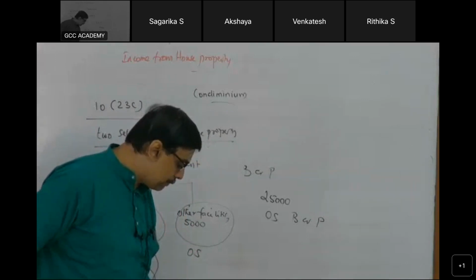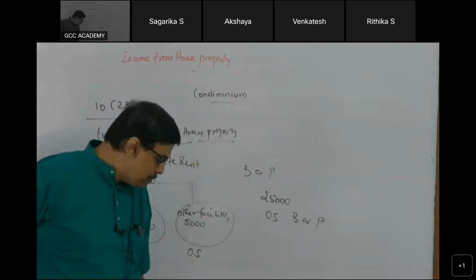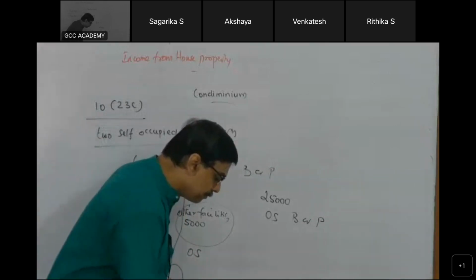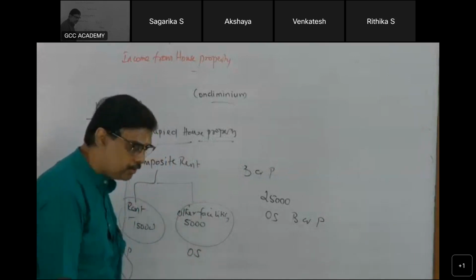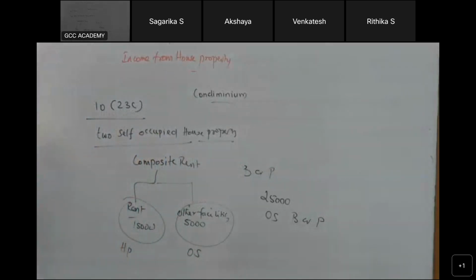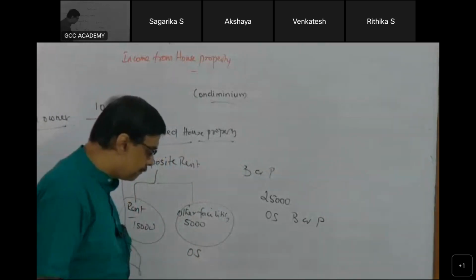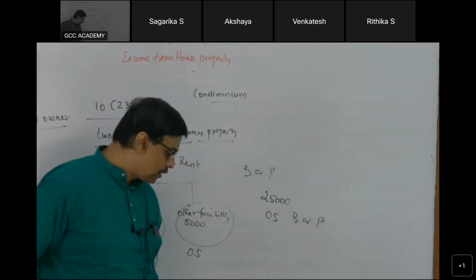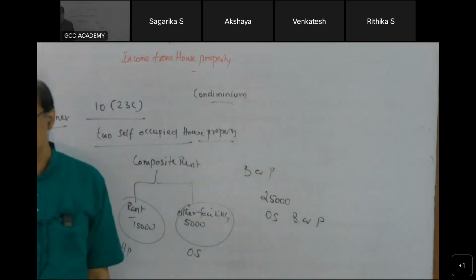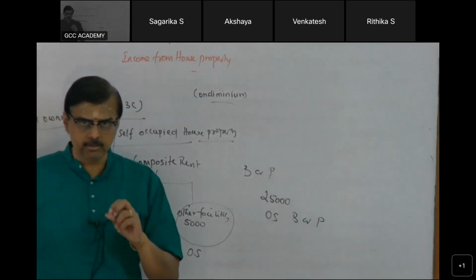Now there is an interesting point here: the concept of deemed owner. Make a note. There are certain situations where you're deemed to be the owner, though you may not be the actual owner. What does it mean? It's a very important provision.